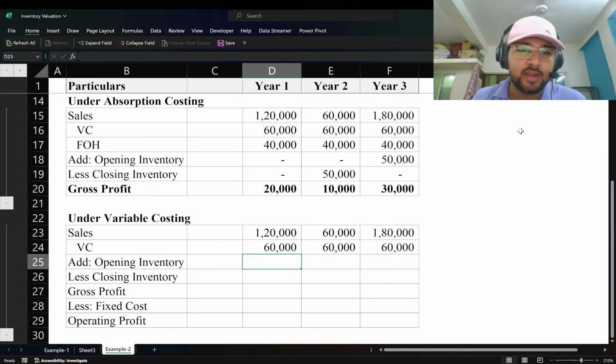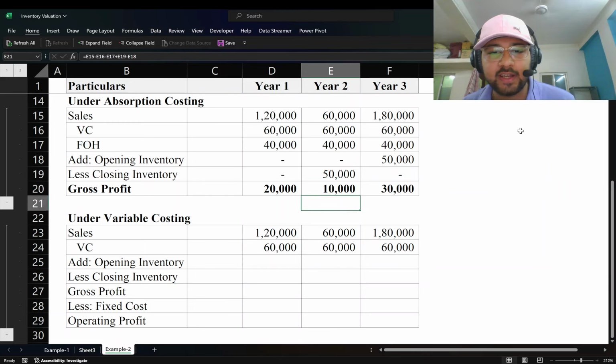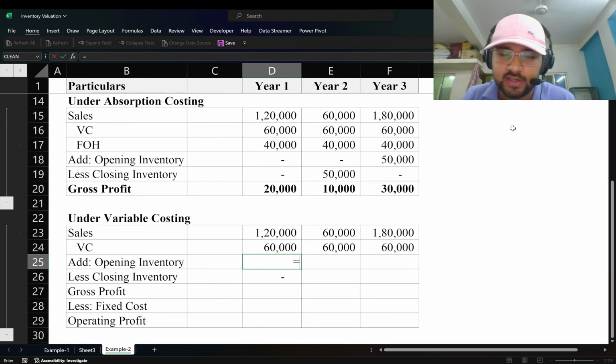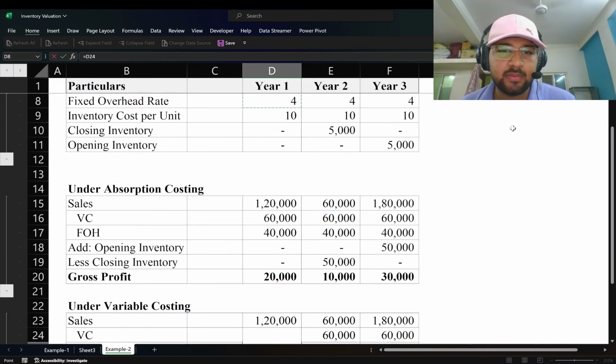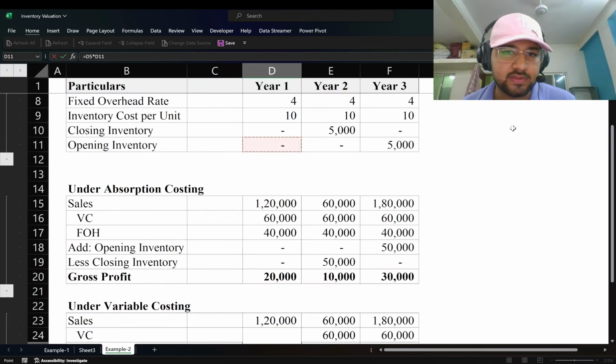Opening inventory, as you see, there is only closing and opening inventory in the second year. For the sake of time, I'll use zeros, or rather, since we are in variable costing, we would have the variable cost, and this is opening inventory, I guess. To make things easier, I would just add a $5.